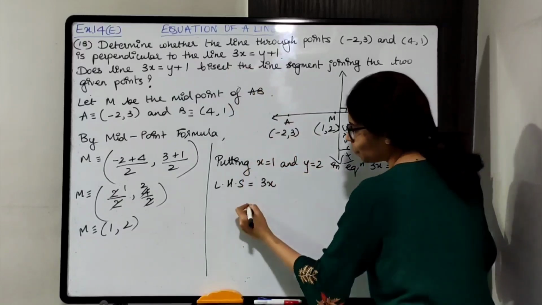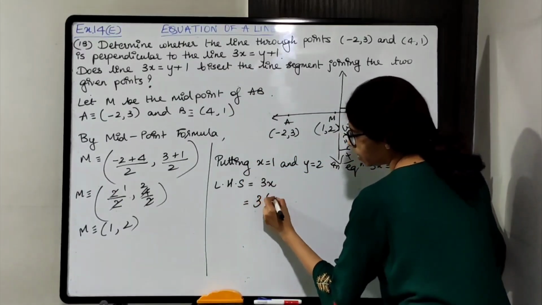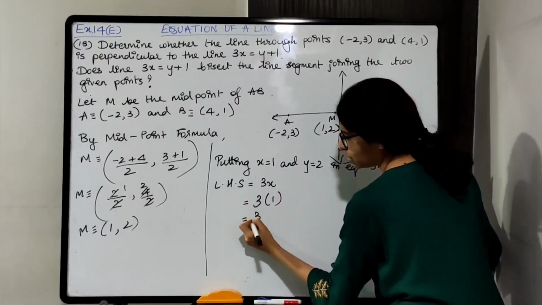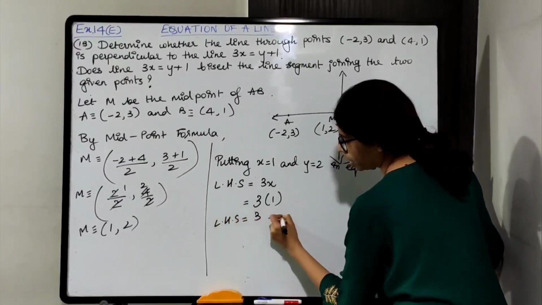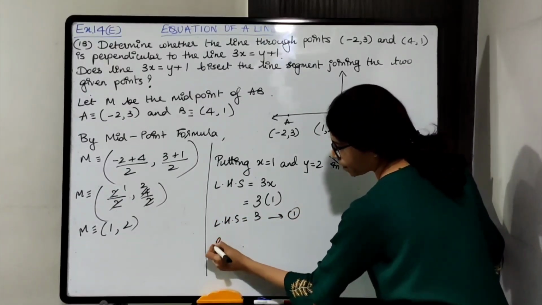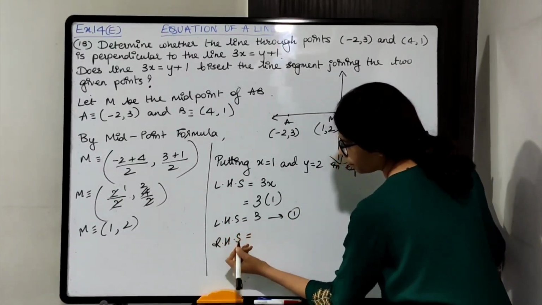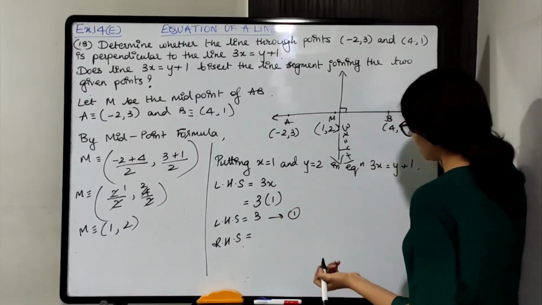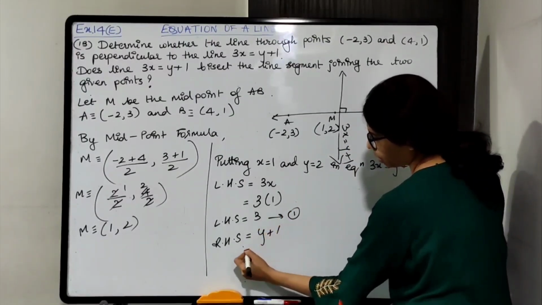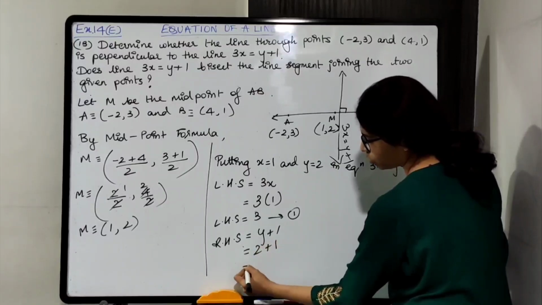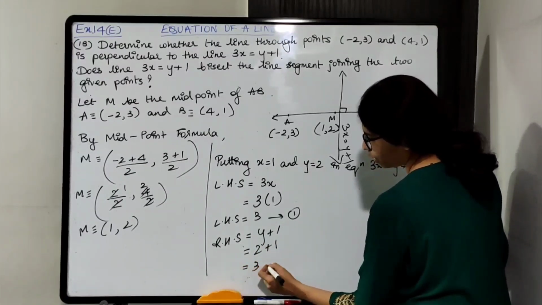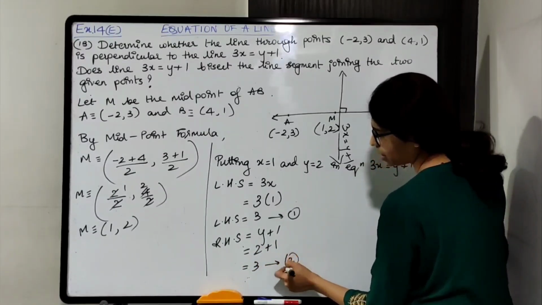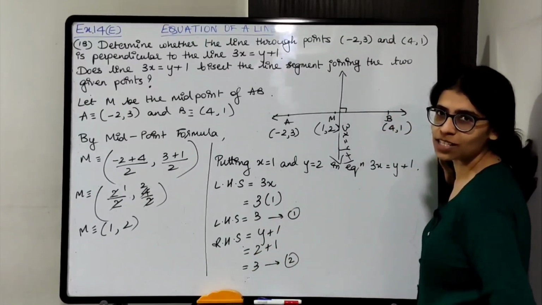LHS 3x है. x की जगह पे 1. So 3 into 1 is 3. Mark this as 1. RHS is y plus 1, so that is 2 plus 1, so it gives 3. So yes, we are getting LHS equal to RHS.